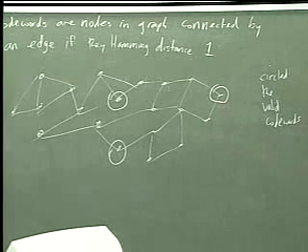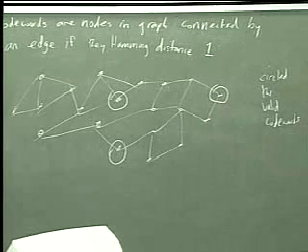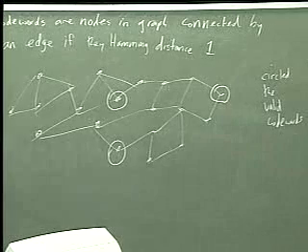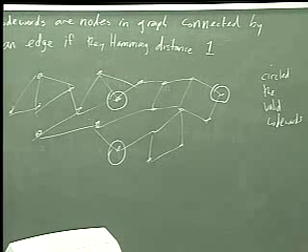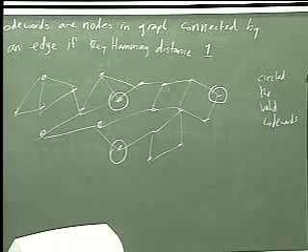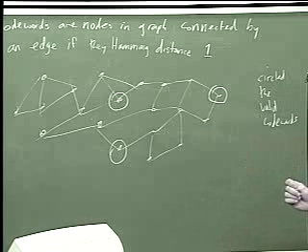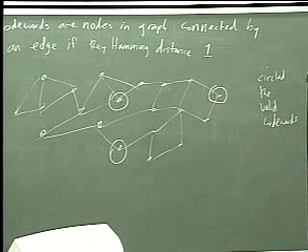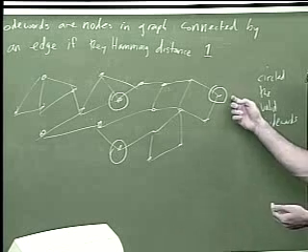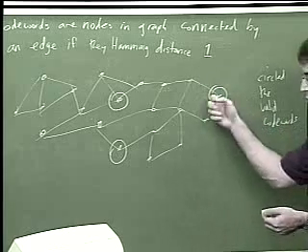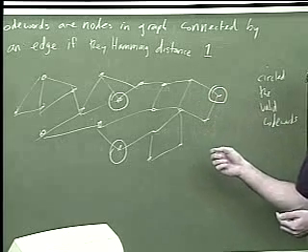So what's the Hamming distance of my code here? The Hamming distance of the code is the shortest path between 2 valid code words, right? Because in order to get from this code word to this one, I have to flip a certain number of bits. And every time I flip a bit, I'm moving Hamming distance of 1.